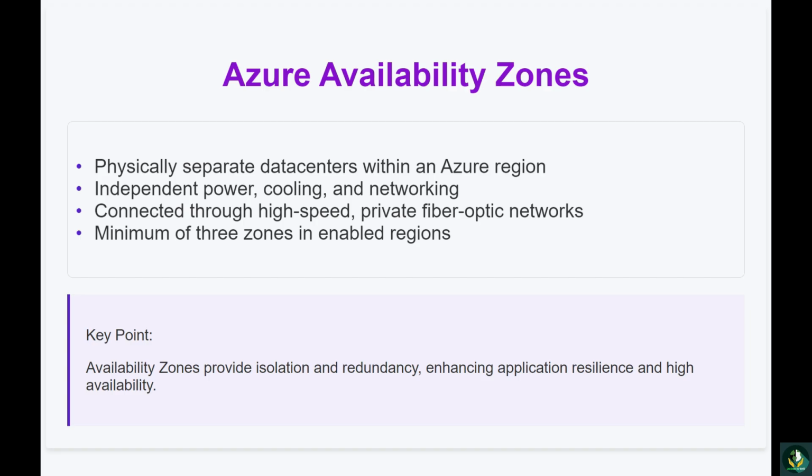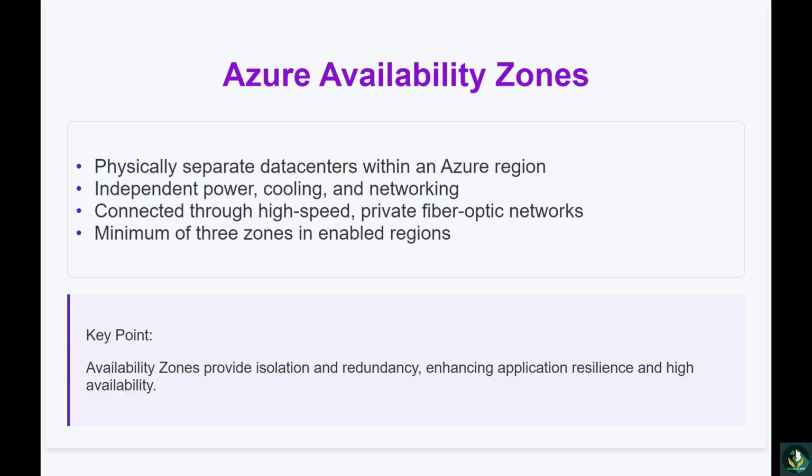The beauty of availability zones lies in their interconnectedness. Despite being physically separate, these zones are linked through high-speed, private fiber optic networks. This setup allows for seamless communication and data transfer between zones, enabling you to build applications that are both high-performing and highly resilient.